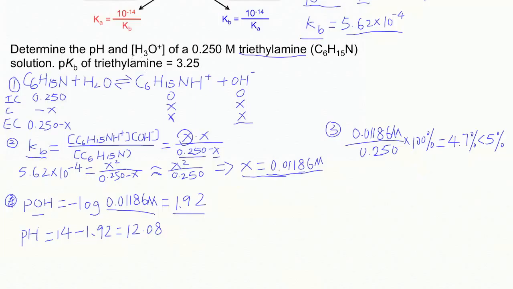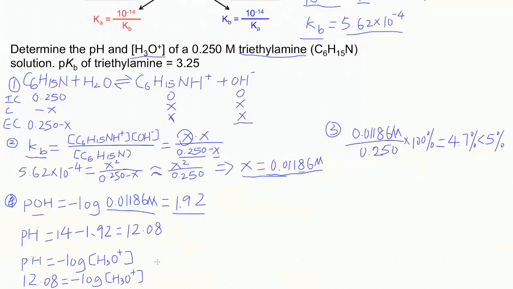Now the last thing that we need to do is the concentration of hydronium, because the pH value equals negative logarithm of hydronium concentration. So you know the pH value, 12.08 equals negative logarithm of hydronium concentration.